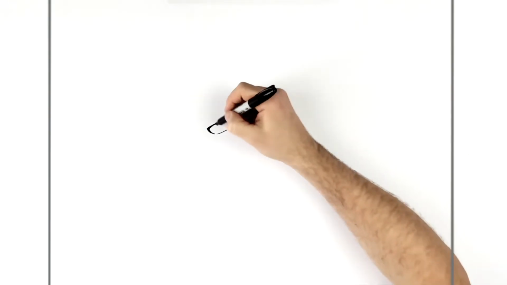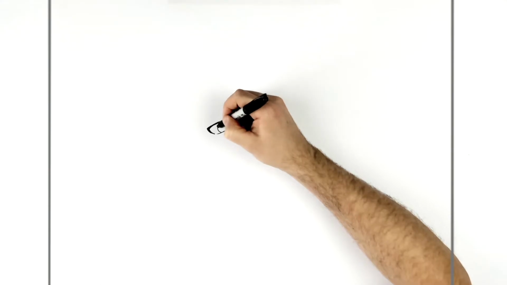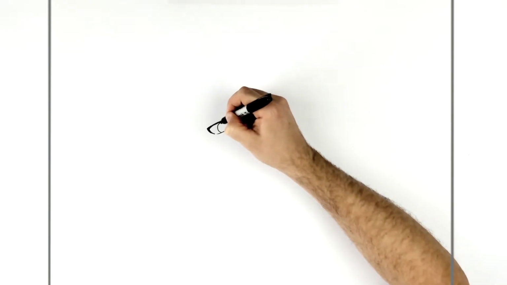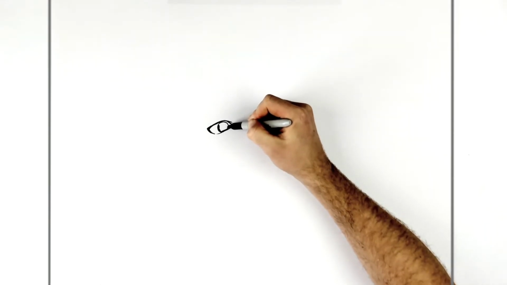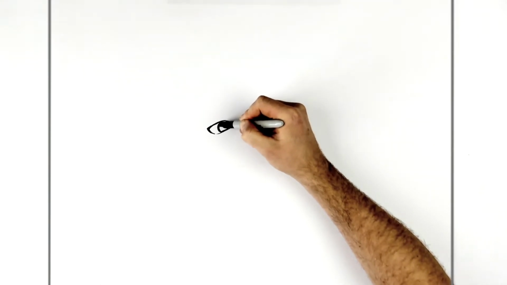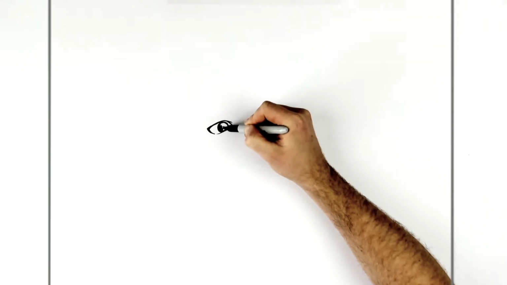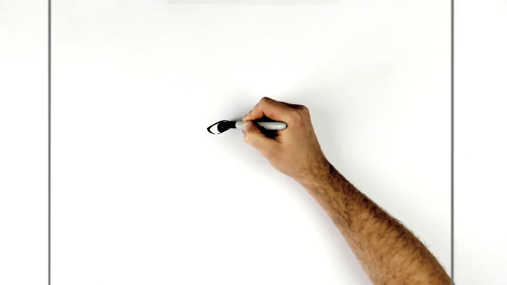Okay, and then the other eye. So a circle going down into his bottom eyelid line. And this one is just a black eye. So you can color this one in just black. Okay.